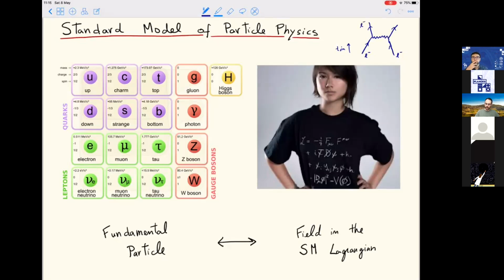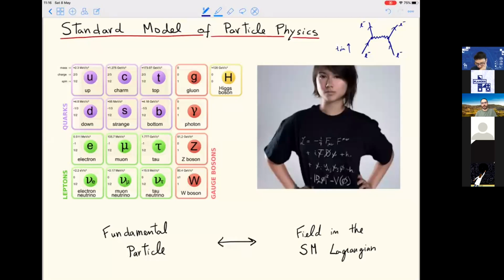And so the electrons repel because they exchange photons. This diagram gives you an idea of the microscopic process that is happening. But mathematically, what this diagram means is that you're computing the first order in perturbation theory of the interaction between electrons.